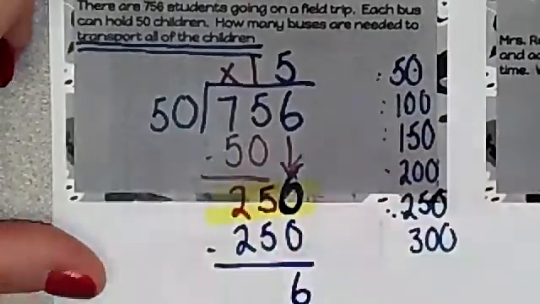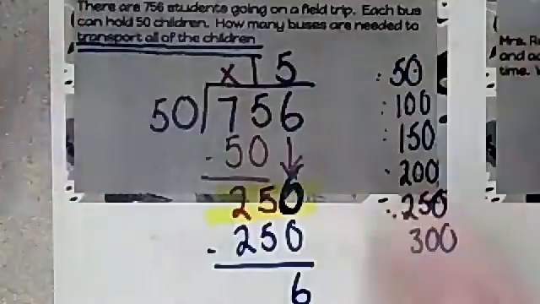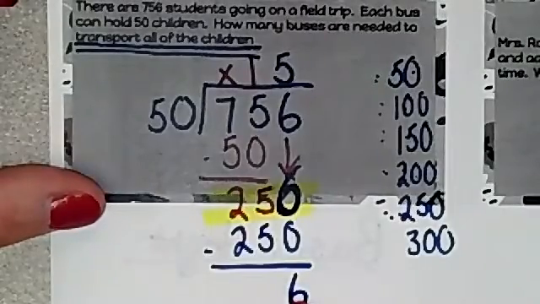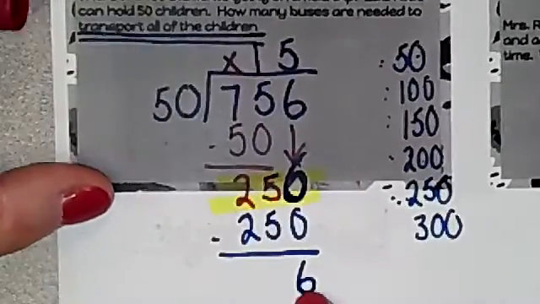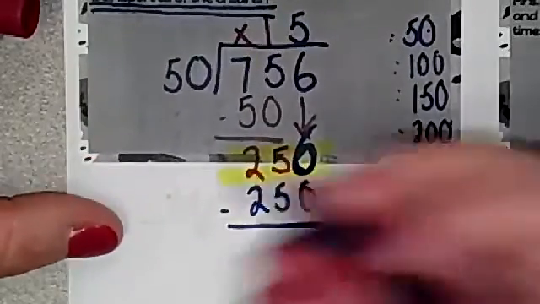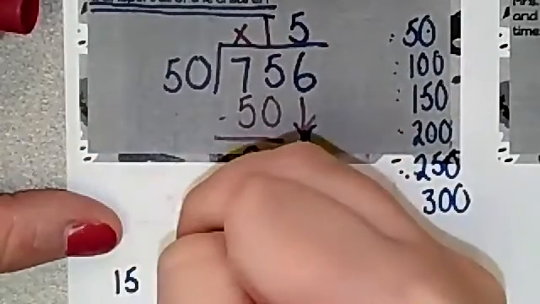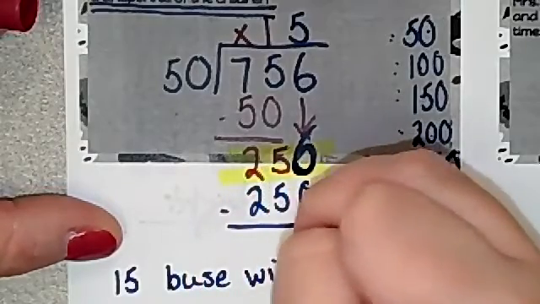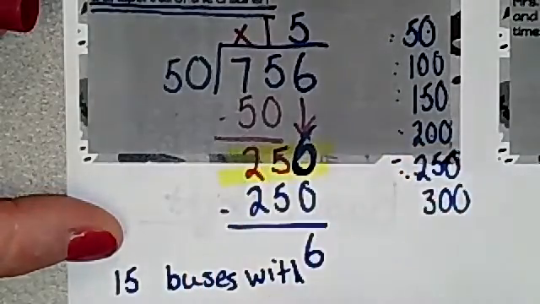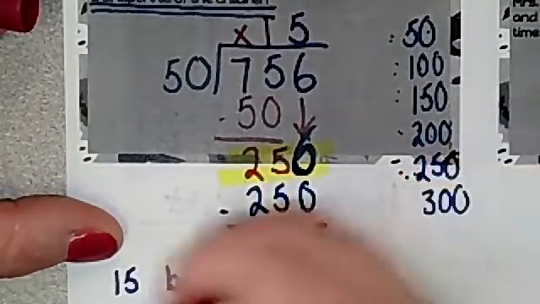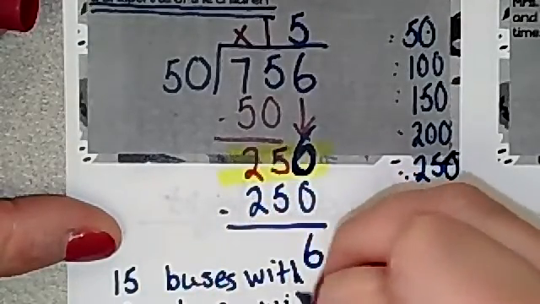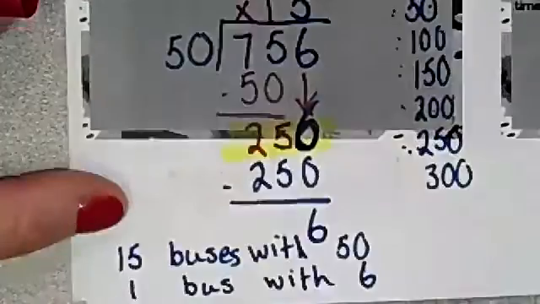And when you subtract, you should have 6 left over. Now, let's pretend that these 6 kids are Malachi, Emily, Sam, Hadassah, Adam and Talia. So I have 15 buses that have 50 kids in them, and 1 bus that's going to have 6 kids in it.